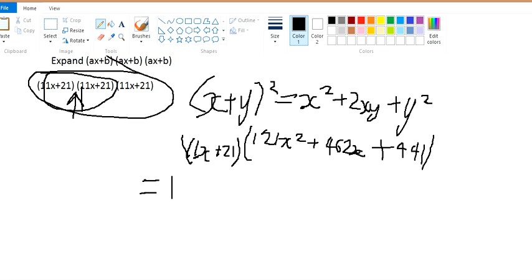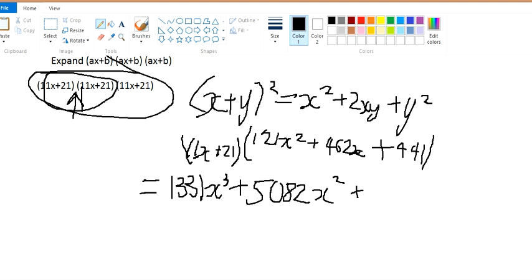So first we have 11x times 121, which will yield us 1,331x cubed. Take note of that. Then with 11x times 462, that is 5,082, and let me make sure to put in that variable x squared.